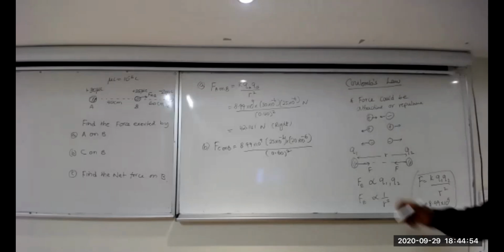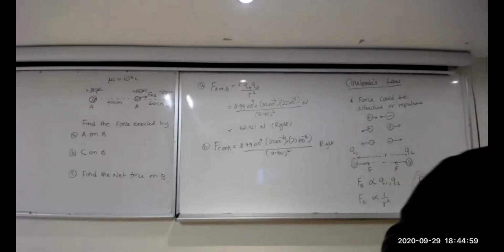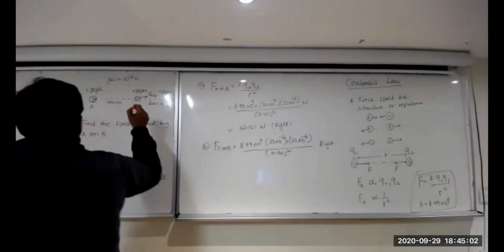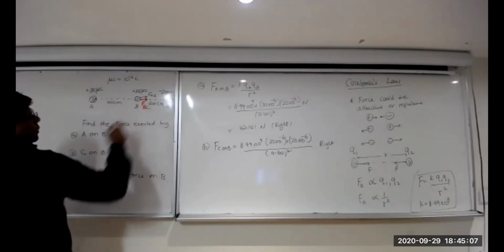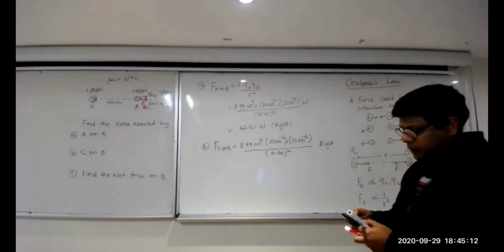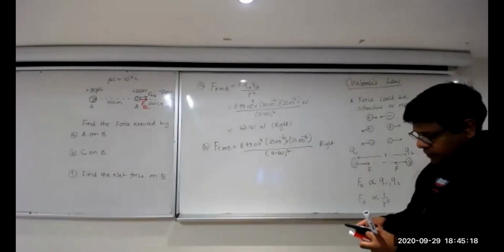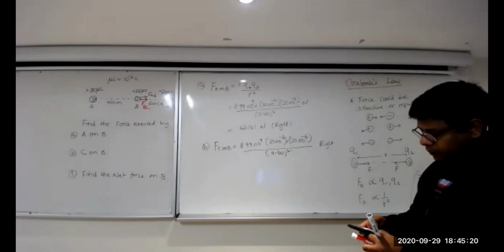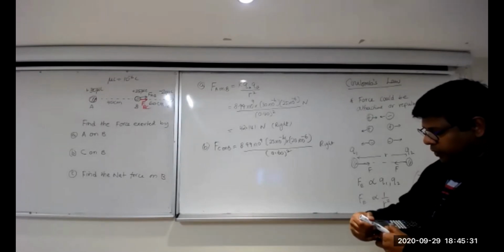Okay, that's also to the right because they attract each other. Divide by 0.6 squared. Get 12.486.